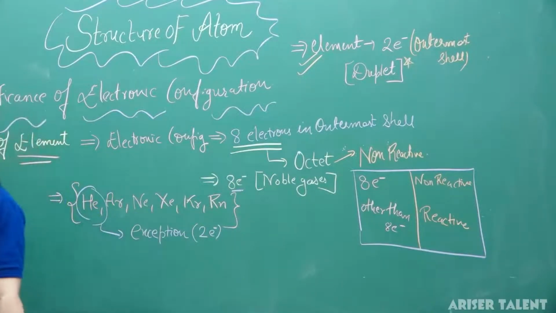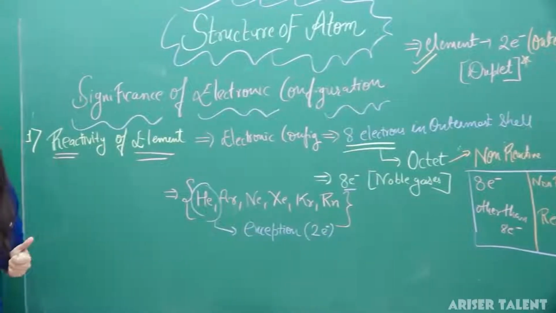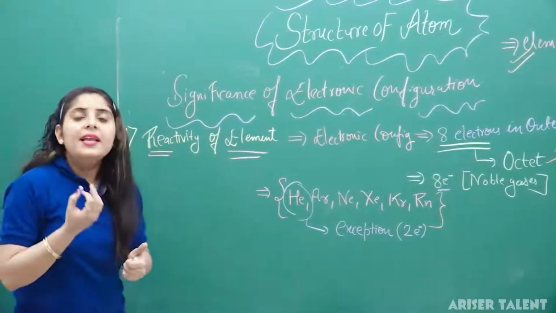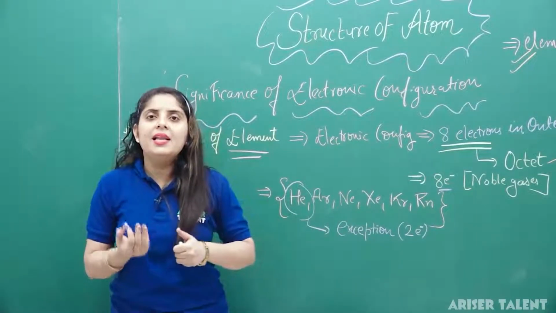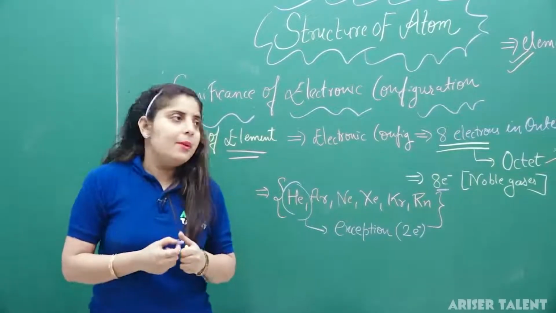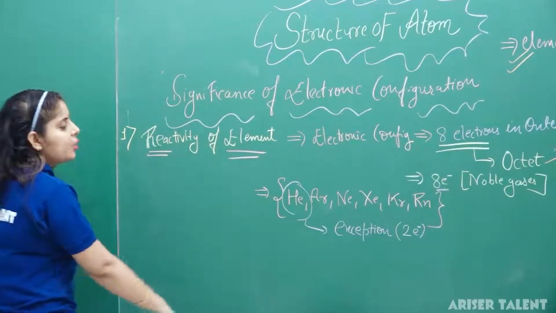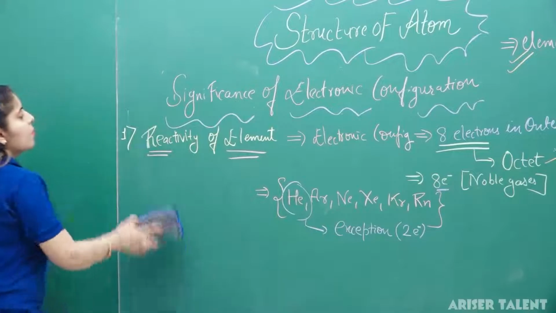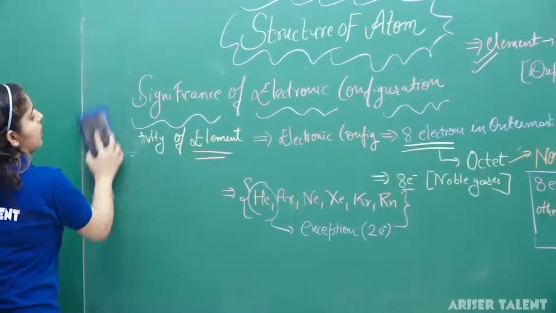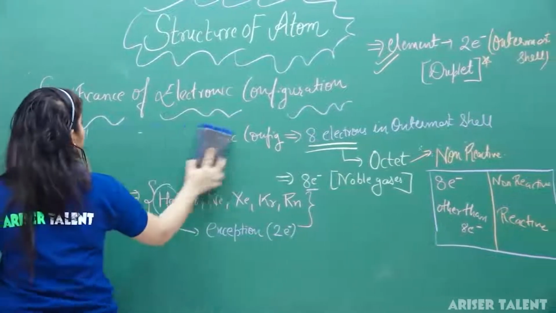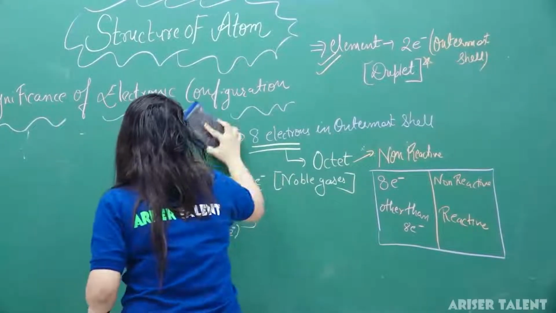Now, what is another characteristic of writing electronic configuration? Electronic configuration will tell us about the nature of the element. So, our second topic after reactivity is the nature of the element.